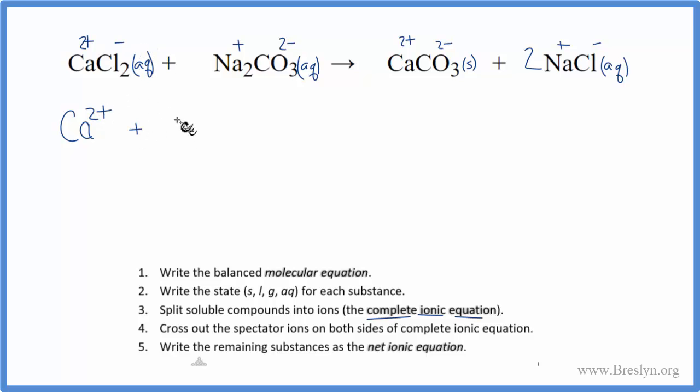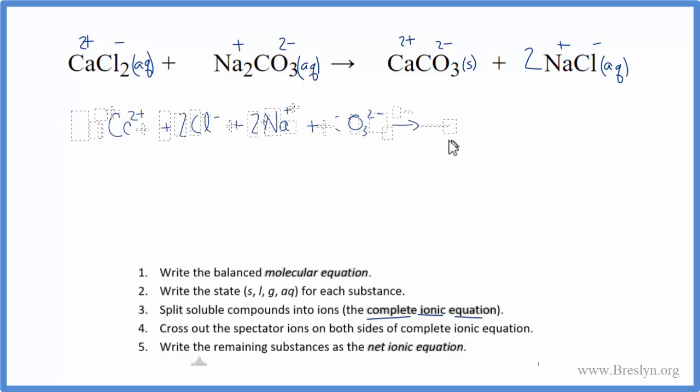Plus Cl minus. And remember now we have 2 of these Cl minuses. So when this dissolves or dissociates, we need to put a 2 as our coefficient. Plus the Na plus. And that's the same thing. We have that 2 here, so we need to put a coefficient of 2. Plus we have the CO3 2 minus. Let's shrink this down a little bit.